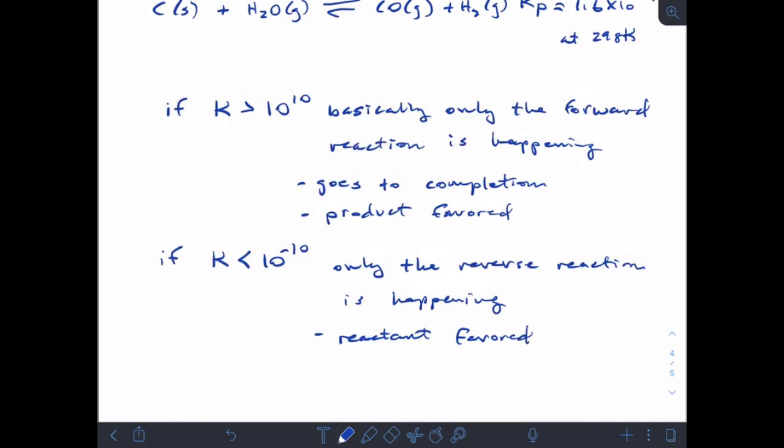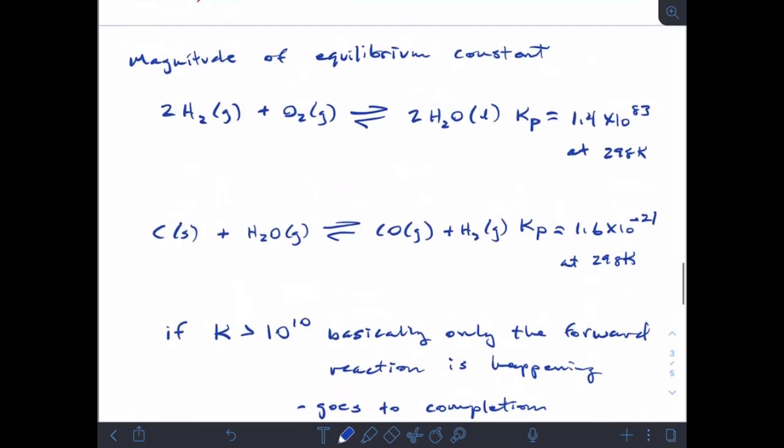Okay. And there's also an important distinction that just occurred to me, that at this stage in your chemical understanding, it's important for you to understand that just because we use the terms reactants and products, it doesn't always mean what we start with and what we end with.